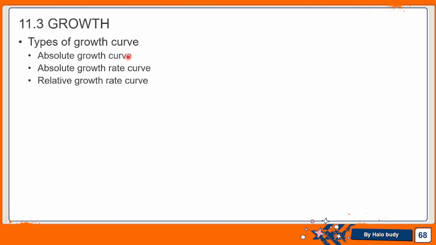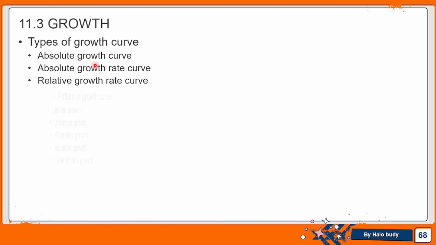The absolute growth curve and growth rate curve are different. The unit is different. And the relative growth rate curve is also different. You need to differentiate these three very well, and also you need to know how to calculate it, especially the y-axis, because the x-axis is normally similar, only the y-axis is different. You need to know how to calculate it, and differentiate it very well. If not, then you will be confused.